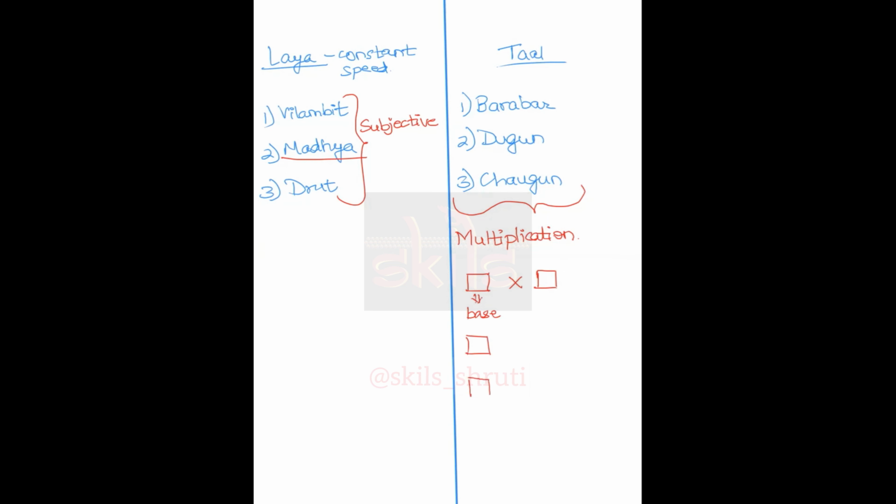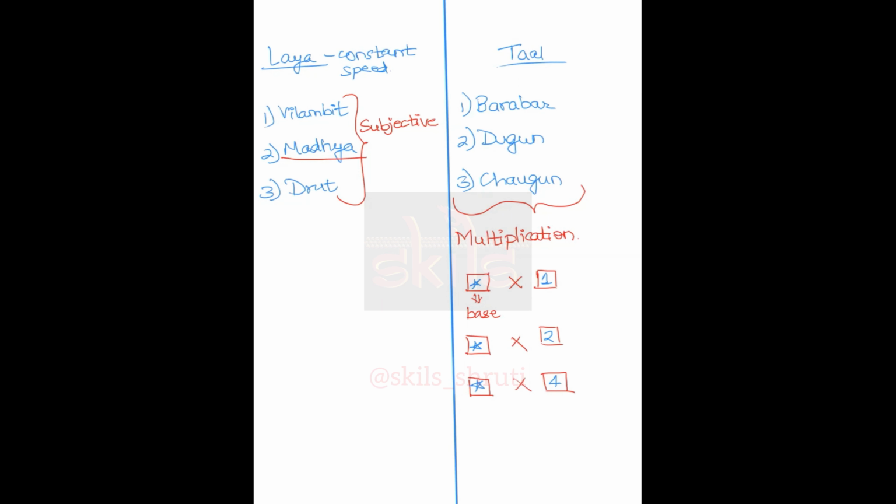For your Barabar, you are going to multiply this Lay by 1. For your Dugun, you are going to multiply the speed by 2. For Chaugun, by 4. So this is same. Your base is not going to change.